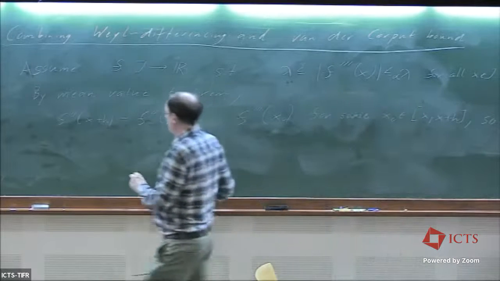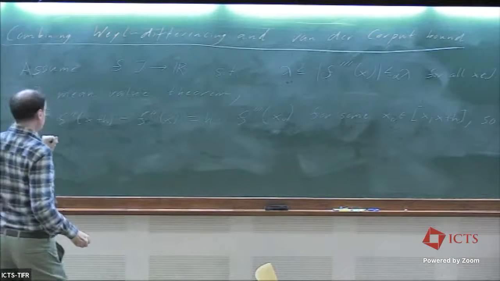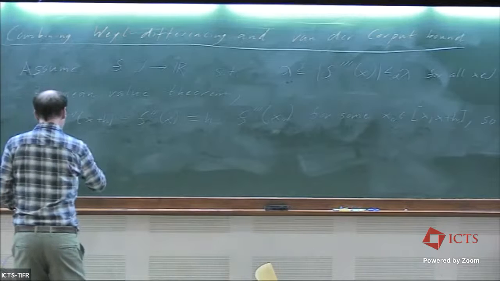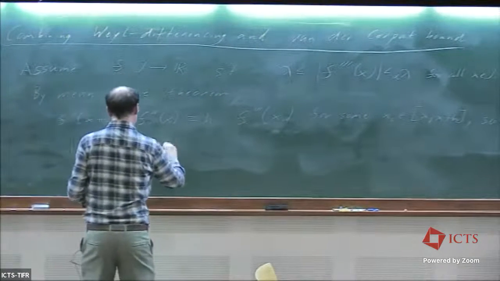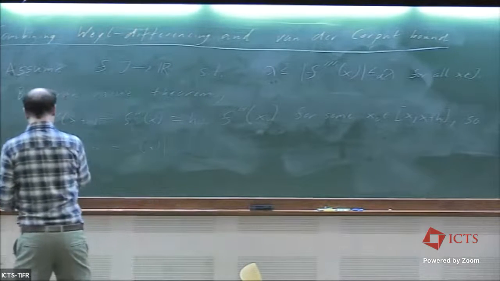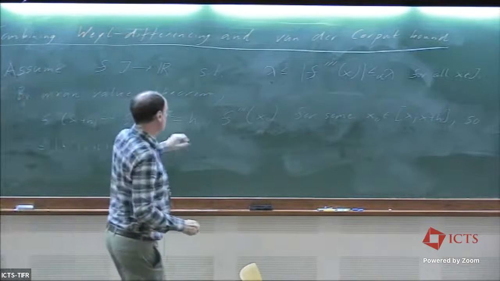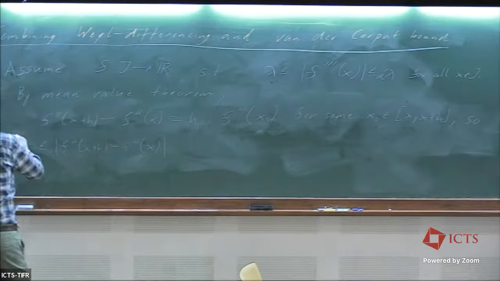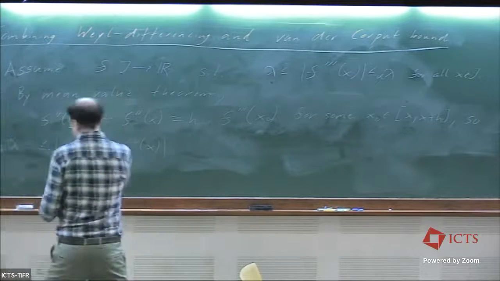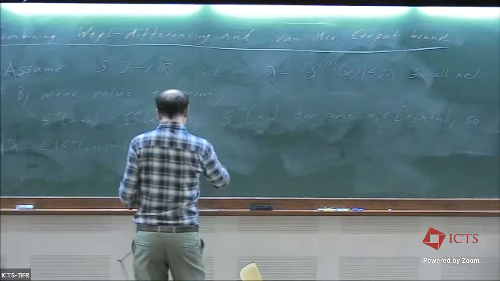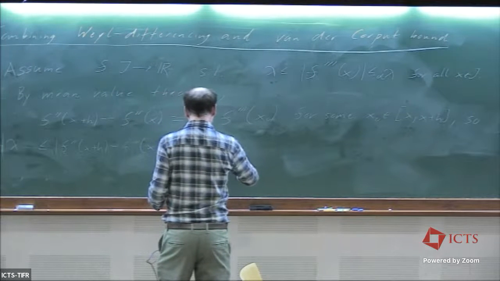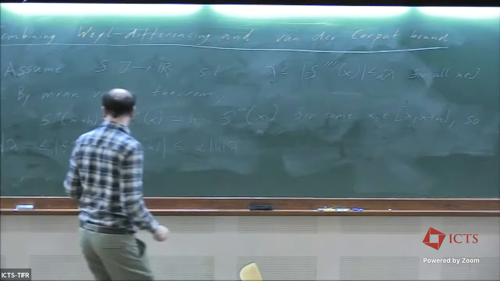So we got the following bound: f prime prime of x plus h minus f prime prime of x is bounded from below by modulus of h times lambda, and from above by alpha modulus h lambda.